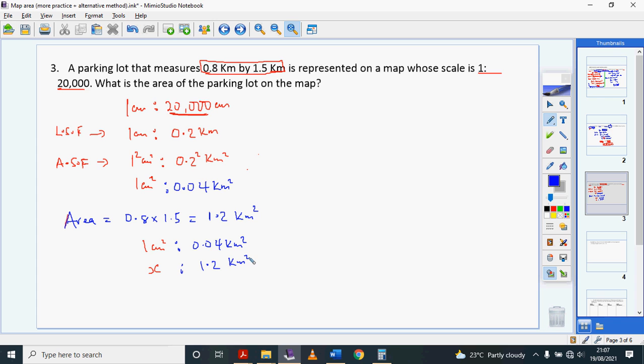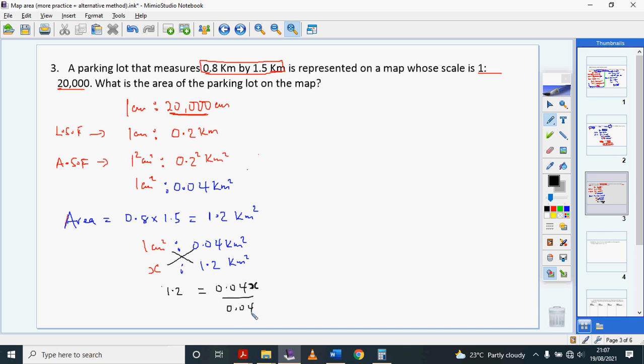Again, cross multiply. I hope you can see that cross multiplication is an option. I cross multiply and I have 1.2 times 1, which is just 1.2, is equal to x times 0.04, which is 0.04x, and then I divide by 0.04.